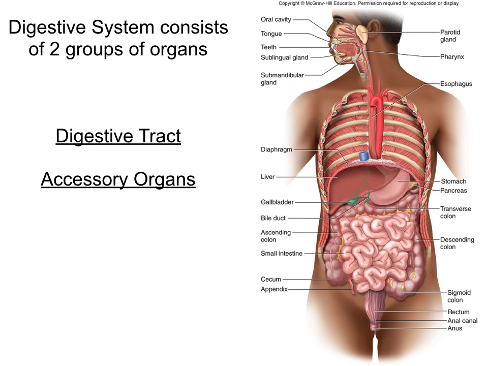Working with the digestive tract, though not part of it, are various accessory structures. Your accessory structures will include things like your teeth, your tongue, your salivary glands, your liver, your pancreas, and your gallbladder.